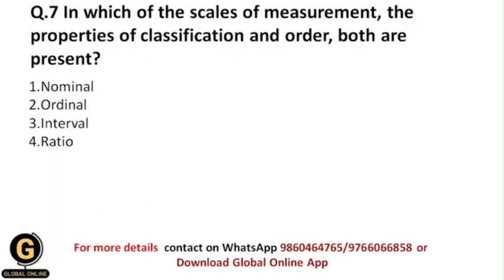Next, in which of the scales of measurement are the properties of classification and order both present? Here again they have given you 4 types of scales of measurement, and from these there is only one scale which has the properties of classification and order both.